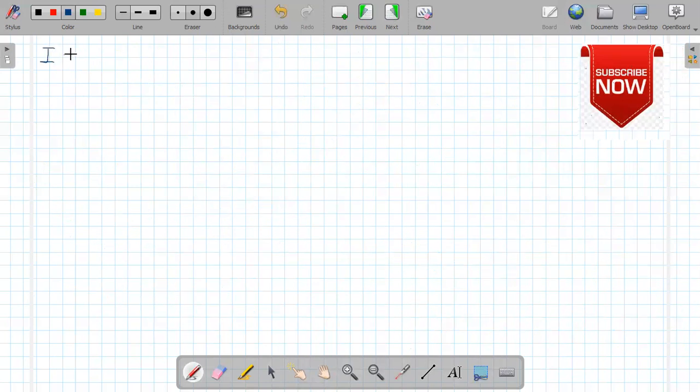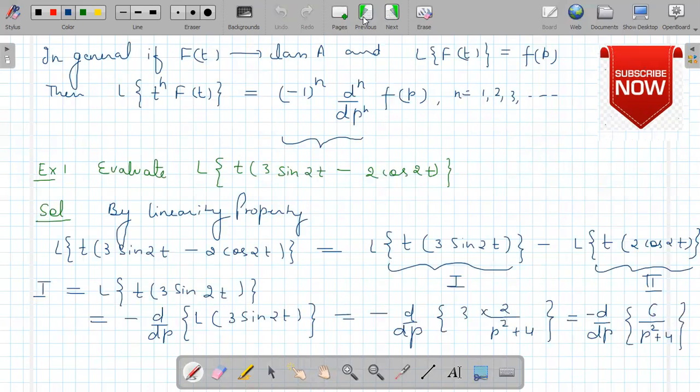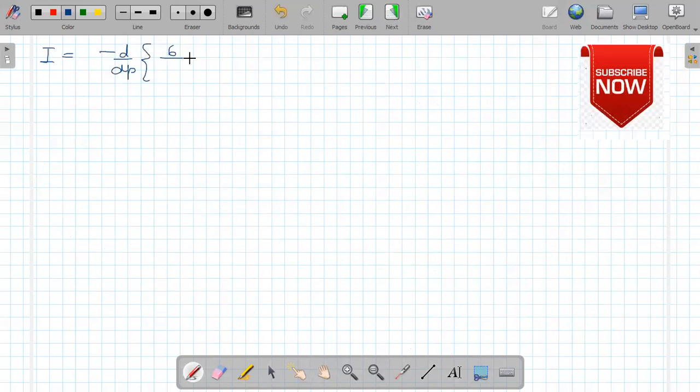So first is equal to minus d over dp of 6 upon p square plus 4. So this is p square plus 4 whole square with negative sign outside the bracket. p square plus 4, and differentiation of 6 is 0.